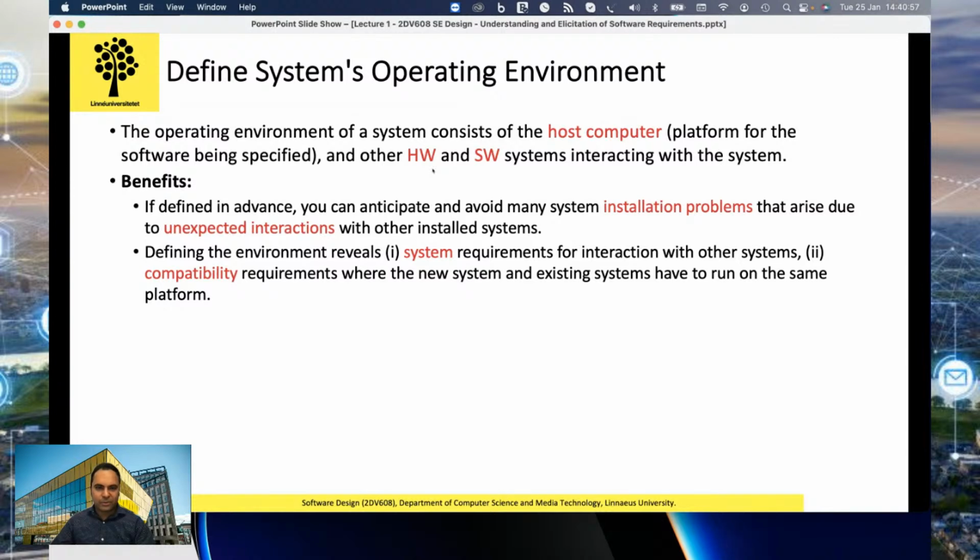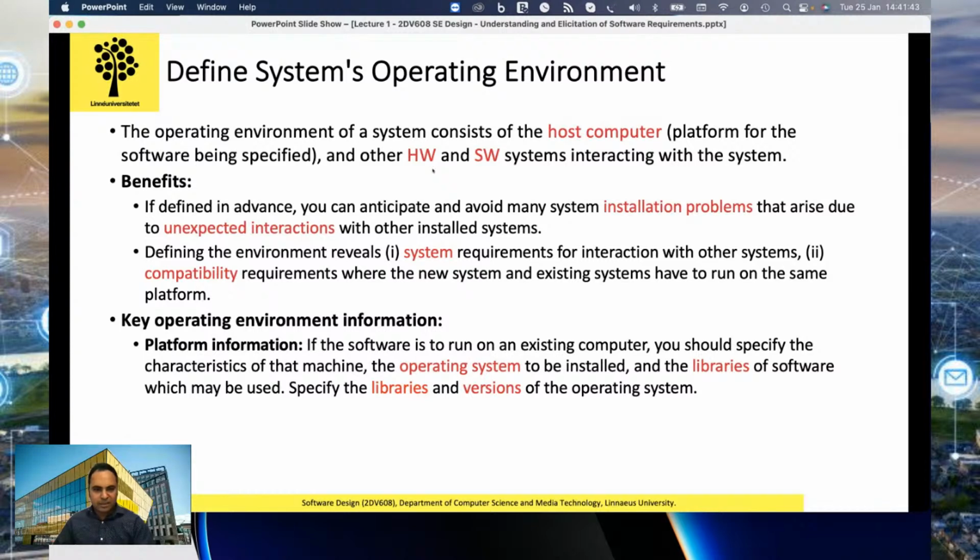And once you define your environment, if you know which software or hardware your system is communicating or talking to, you also know the compatibility requirements for your system with other external systems or other external software and hardware. So there are some benefits, of course, of defining the operating environment, but the first goal is that you need to elicit system requirements. So for that, you need to define your operating environment also.